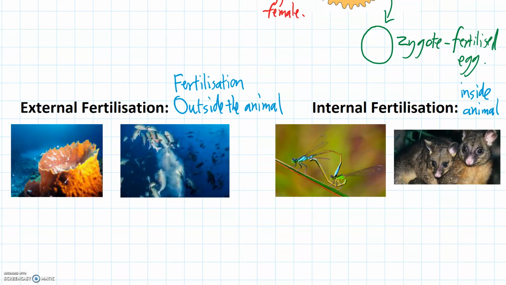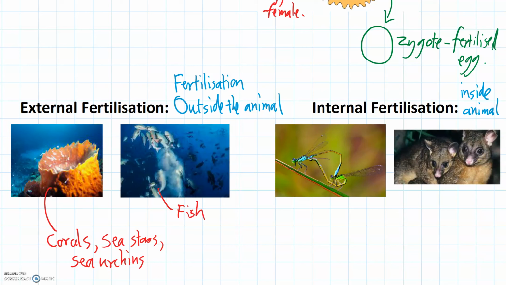External fertilization tends to happen in sea creatures because the egg and the sperm are free to move around the water in the ocean, or for fish in rivers and freshwater environments as well. The species that tend to do external fertilization are corals, sea stars, sea urchins, and fish.